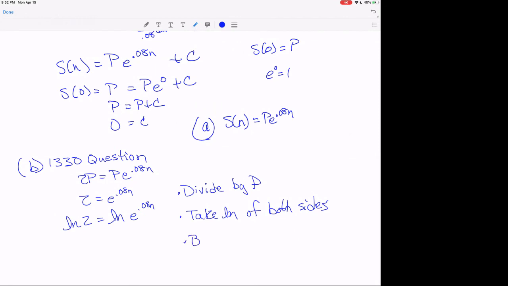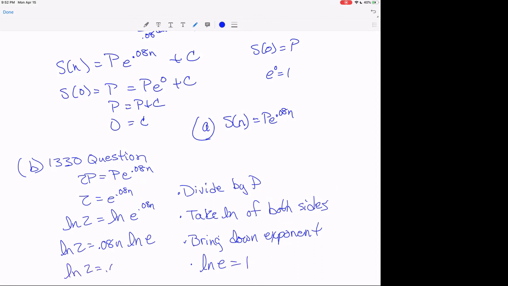Bring down the exponent. So you have ln of 2 equals 0.08 n ln of e. Remember, ln of e equals 1, so that's ln of 2 equals 0.08 n.